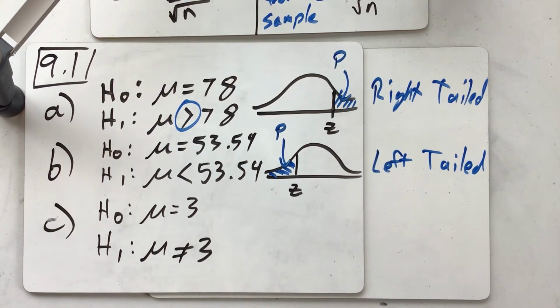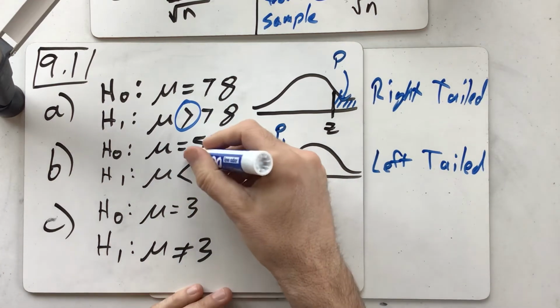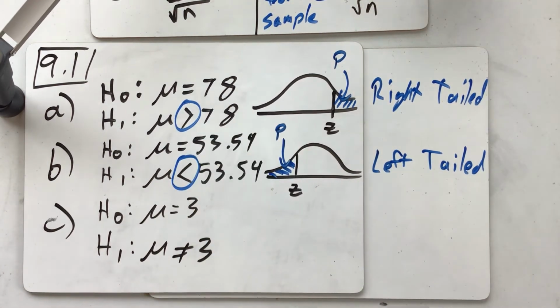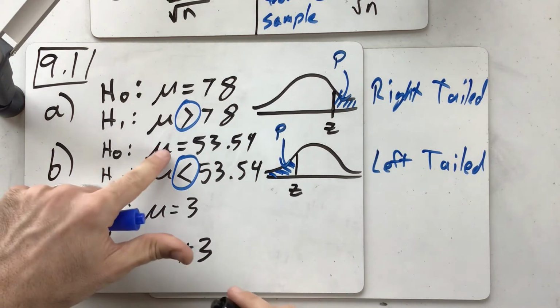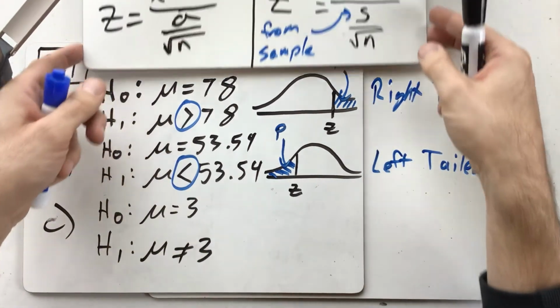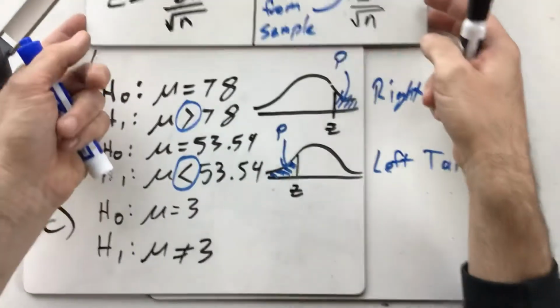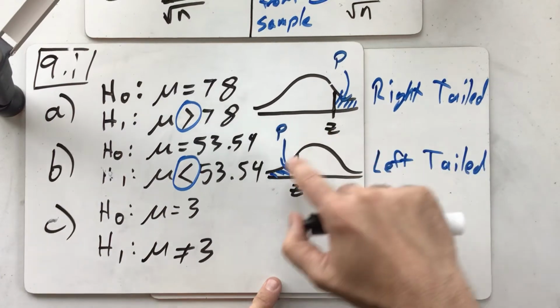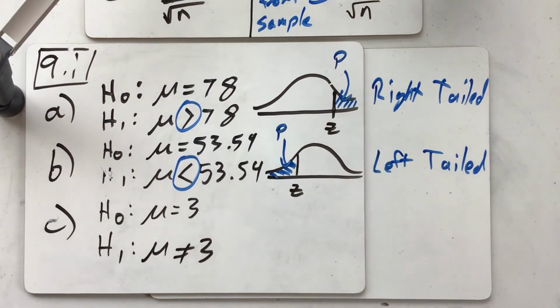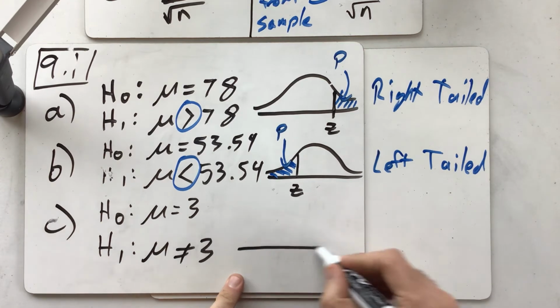Notice that the left-tailed comes from the fact that we're using a less than in the alternative hypothesis. Our null hypothesis tells us which number goes into our formula. Our alternative hypothesis tells us how we're going to shade our picture once we set up our probability.